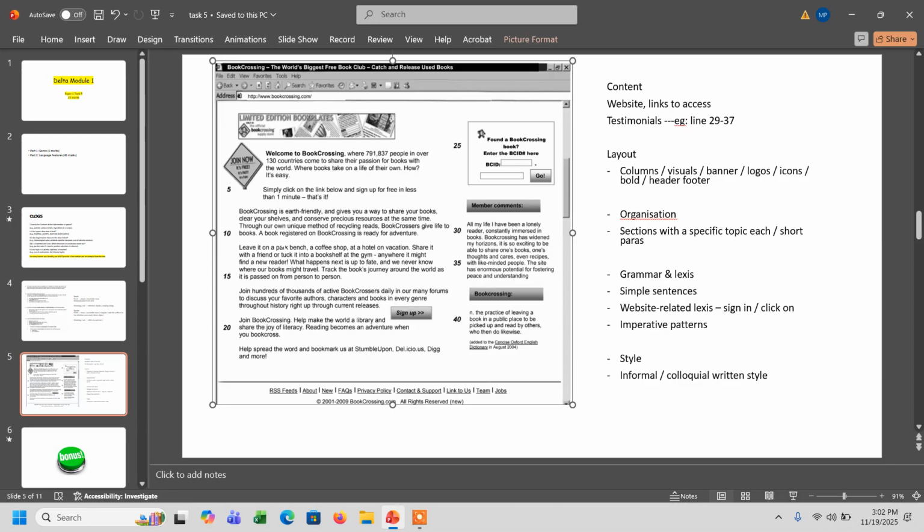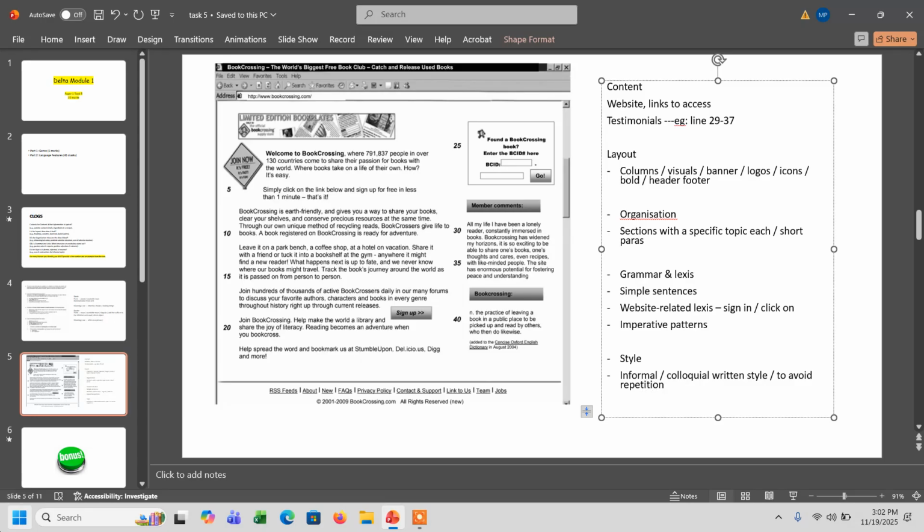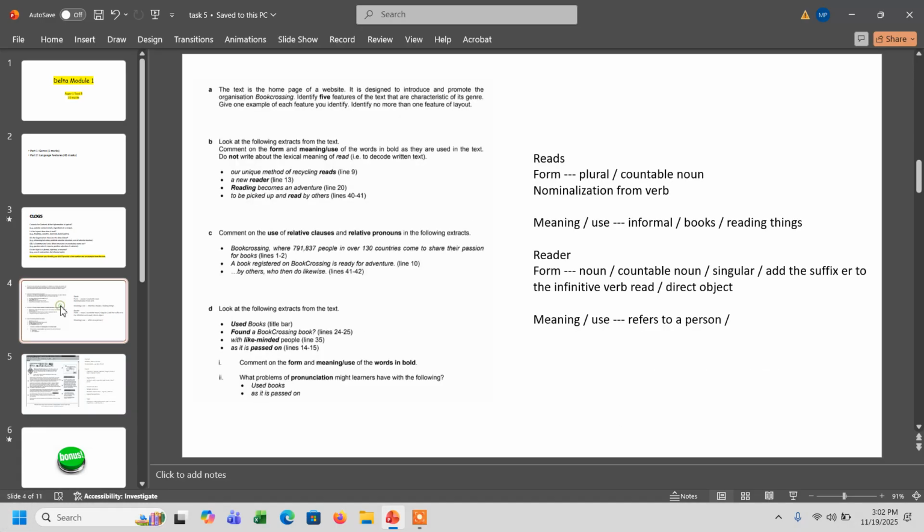So the writer does not want to repeat the same word. That's why he used reader. So it is to avoid repetition, and we can also say it's kind of substitution. Okay, this is what I can think of now. Let's move on to another one.